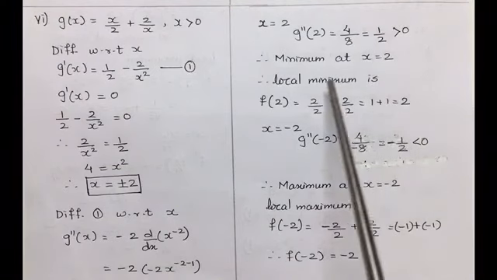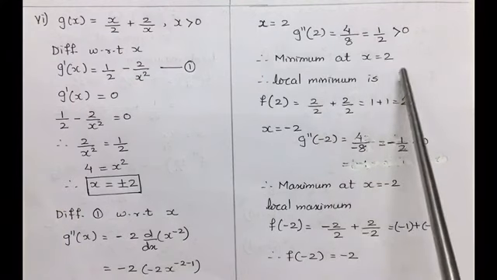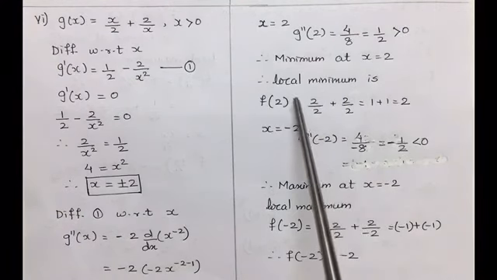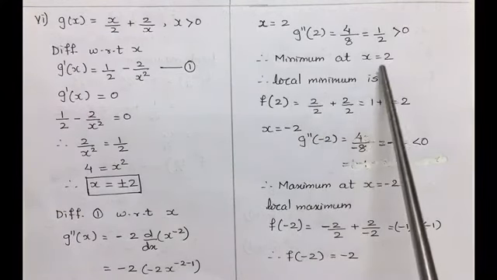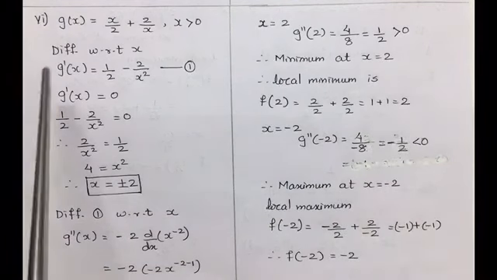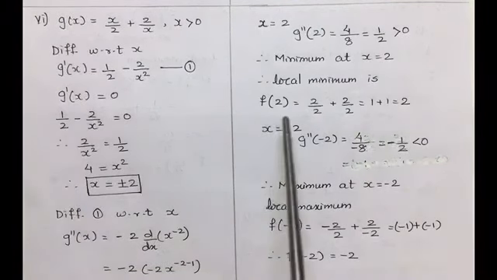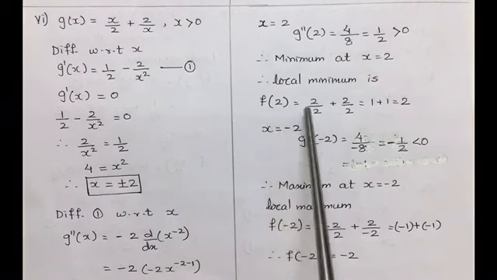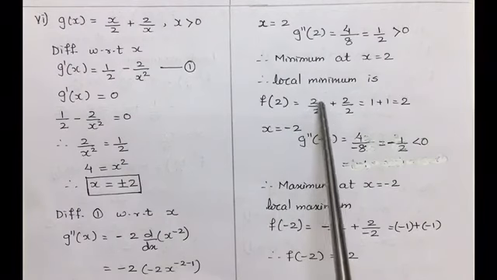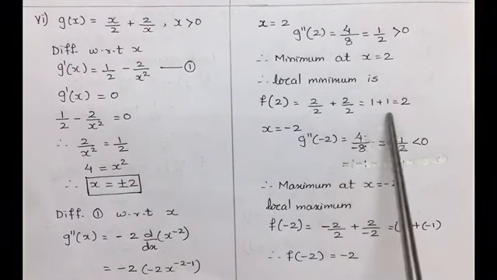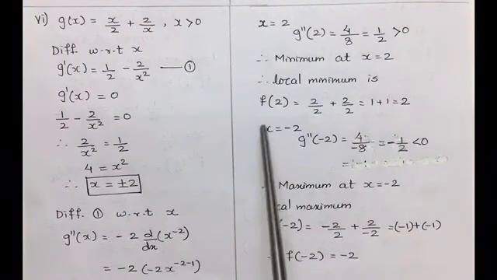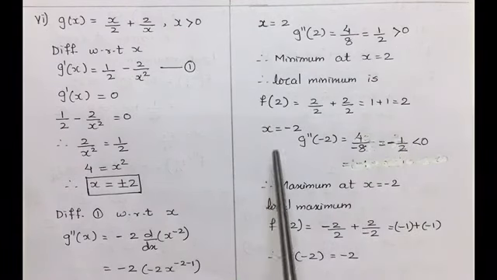As it is positive, it will be minimum at x equal to 2. Now to calculate the local minimum, the value of x equal to 2 is kept in g of x. So g of 2 becomes 2 upon 2 plus 2 upon 2, that makes it 2. Instead of f, write g here.